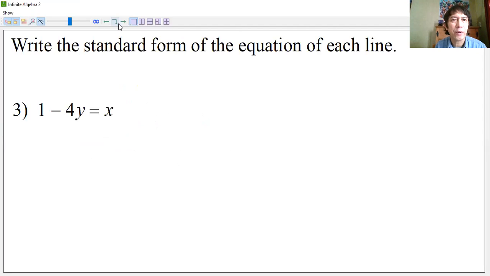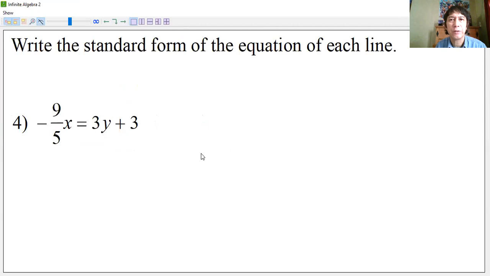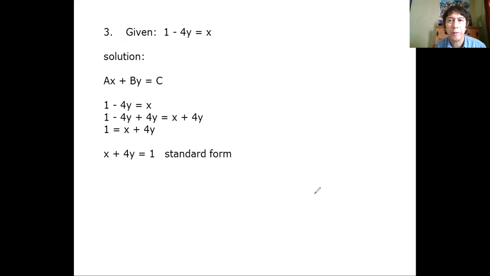Next, we're doing number 4. Here is number 4. The same instruction, write the standard form of the equation. And we shall copy this on the other side. So we go back to the other side. Okay, remove number 3.